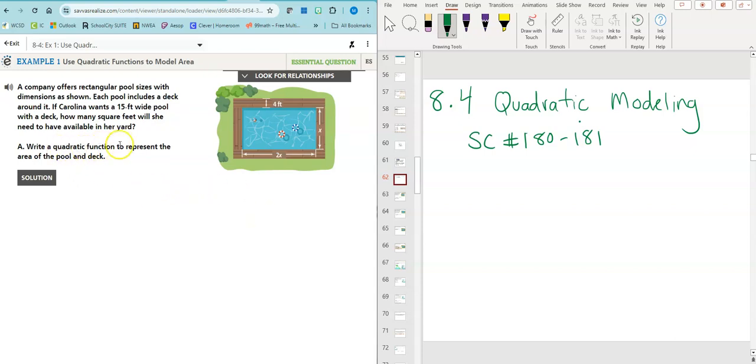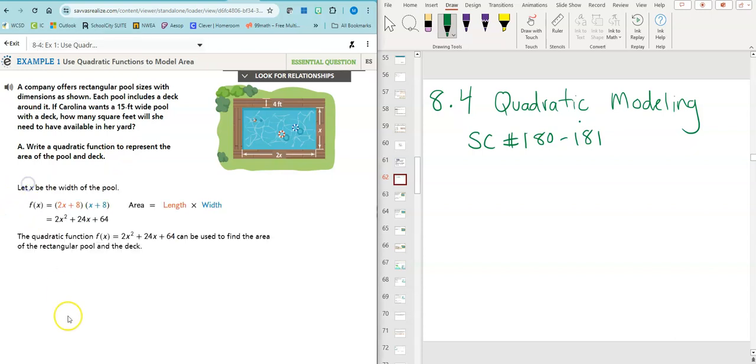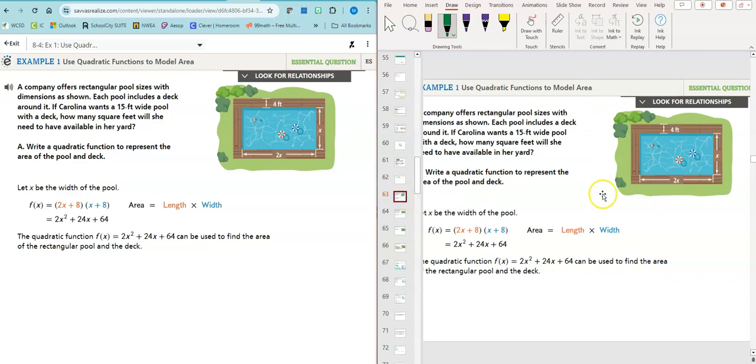So we're going to write a quadratic function to represent this area, and you'll see that standard form ends up working out best for this because we are basically just doing a binomial times a binomial. And this is where we have seen it before. So you have your pool dimensions.